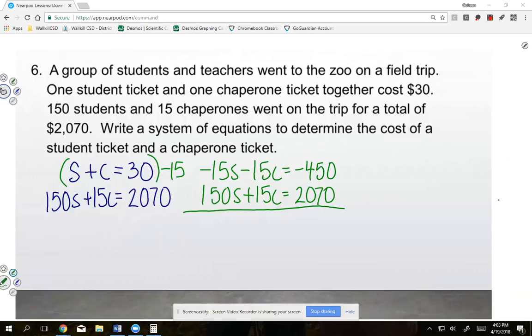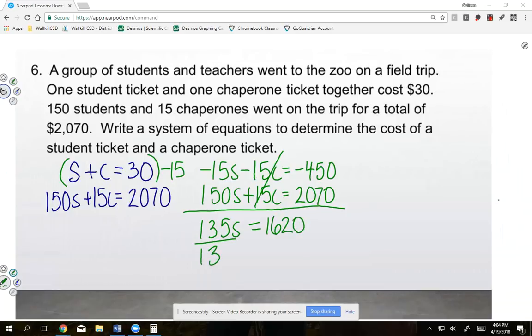And add vertically. 150 minus 15 is going to be 135S. The 15s cancel out. And 2070 minus 450 is 1620.